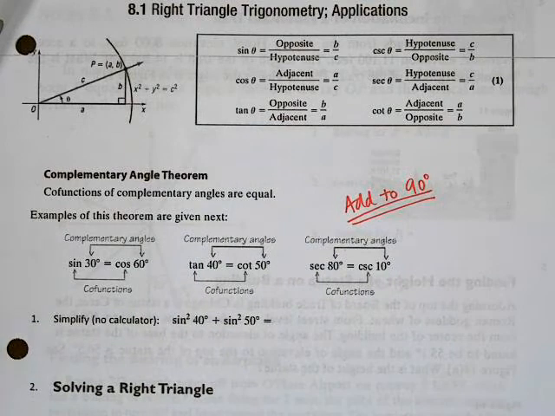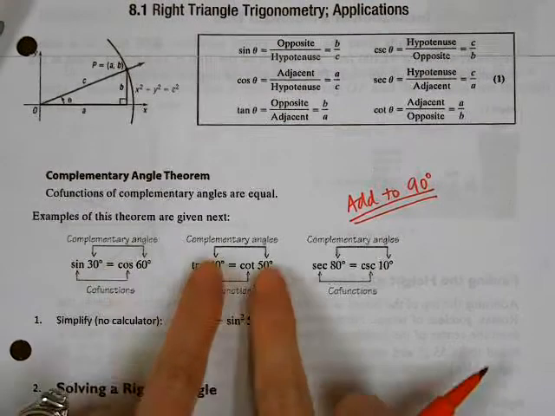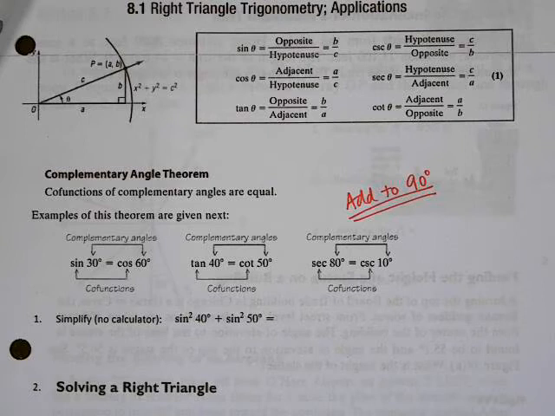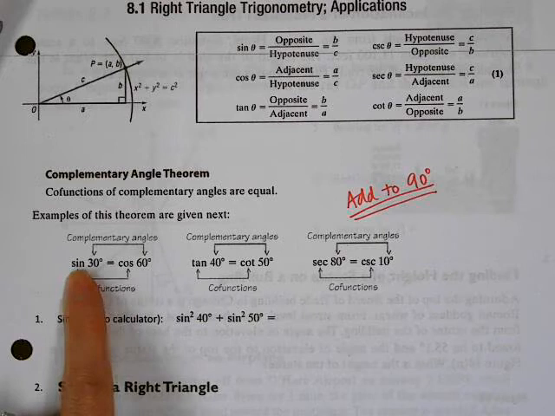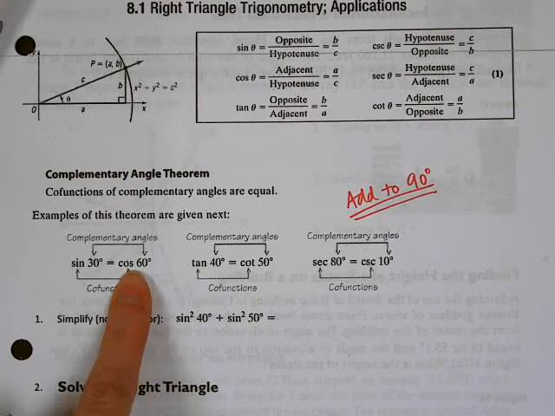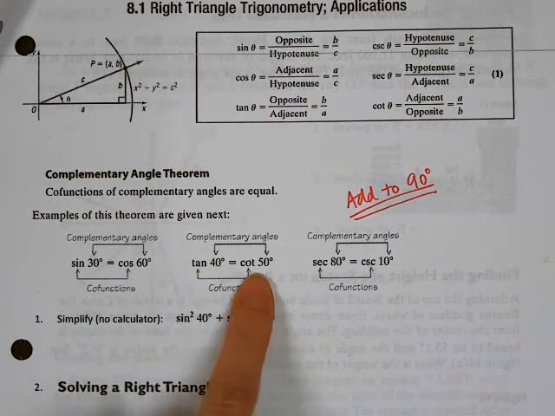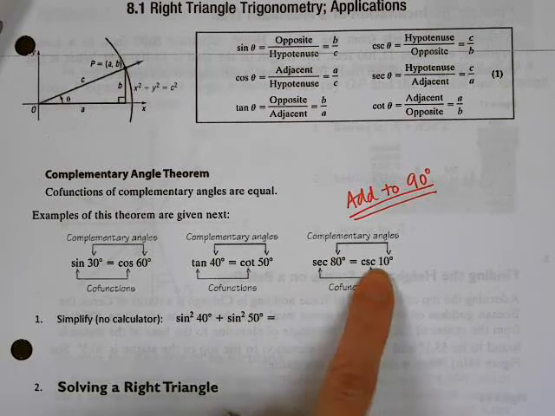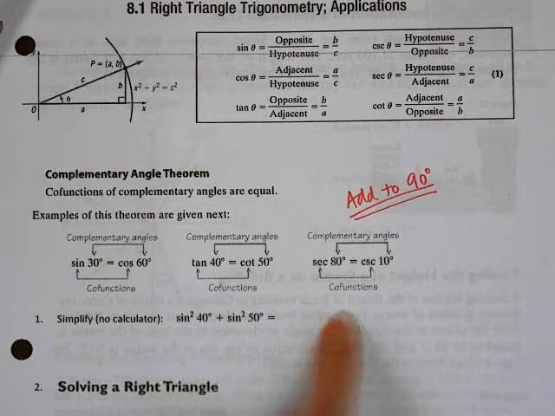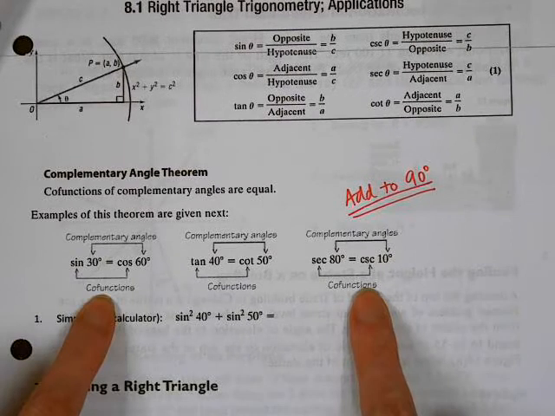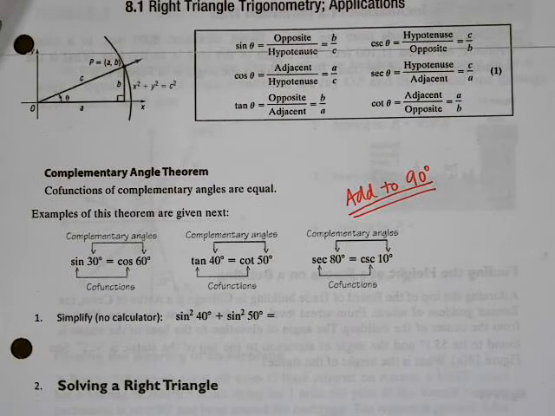So this theorem only works when you have two angles that add to 90, and the two trig functions have to be cofunctions. It turns out sine and cosine are cofunctions, tan and cotangent are cofunctions, and secant and cosecant are cofunctions. Don't get these confused with reciprocal functions.